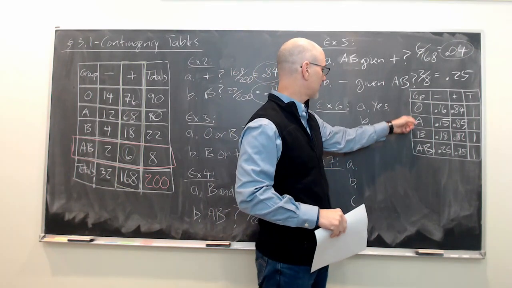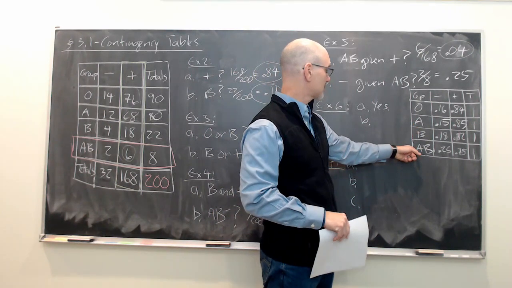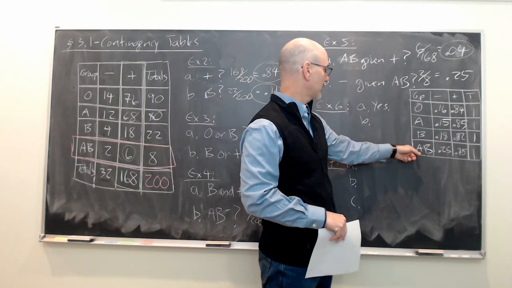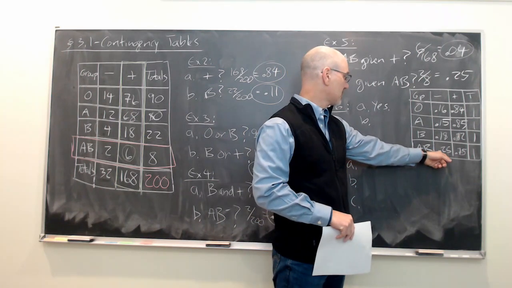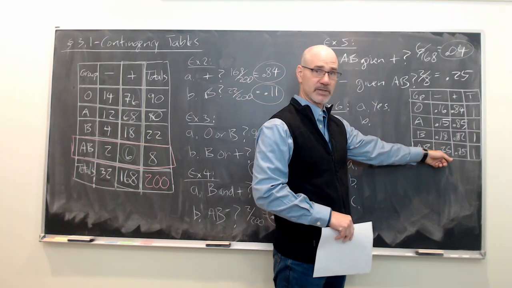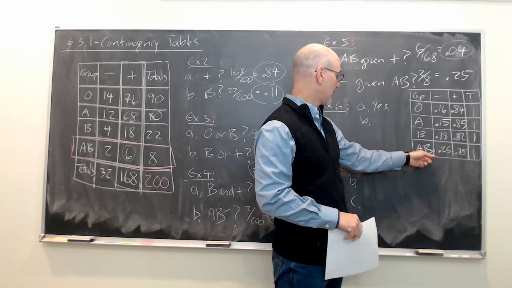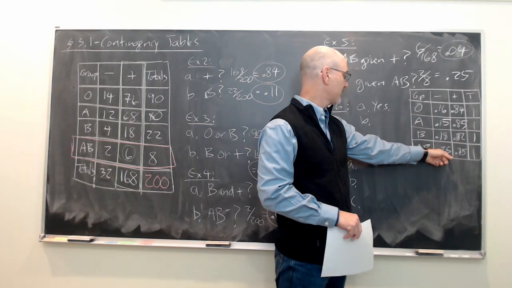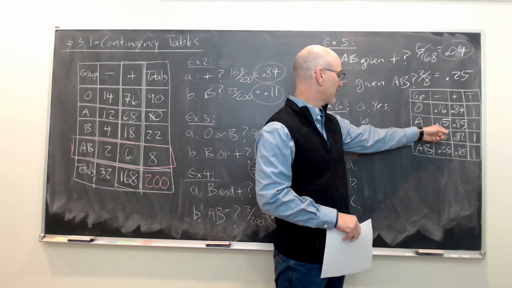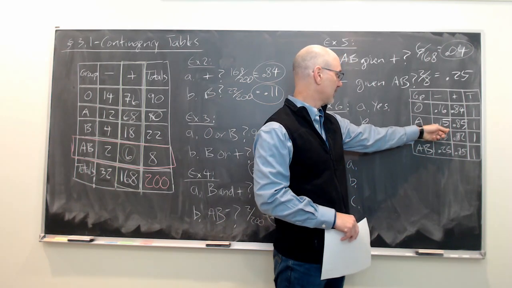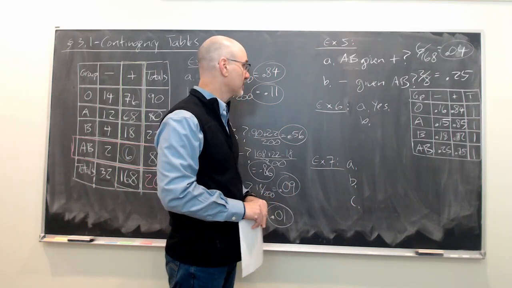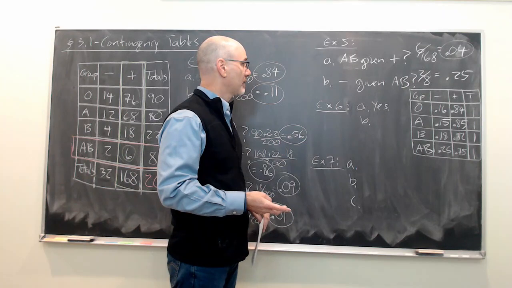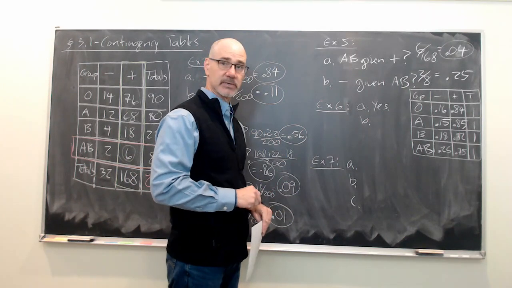Because the blood type seems to influence the differences we see in negative and positive. So AB, we have 25% negative, but type A, we only have 15% negative. So the blood type seems to explain at least some of the variation that we see in the split between positive and negative.